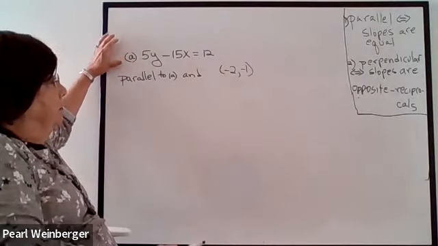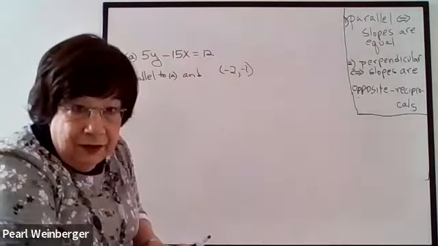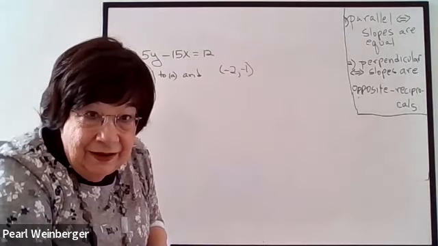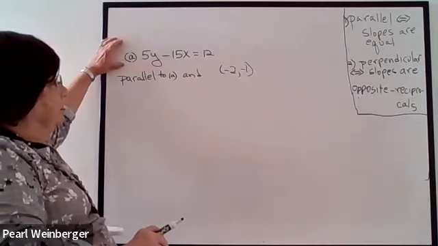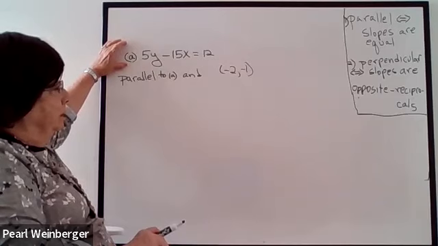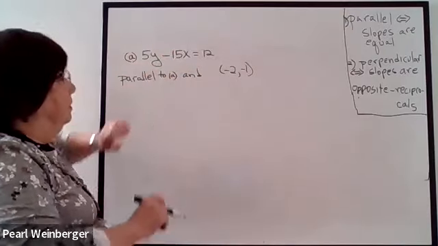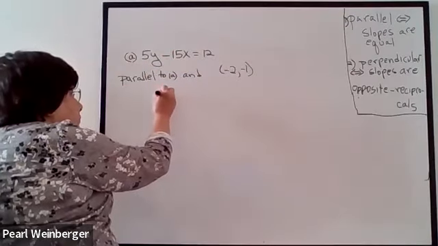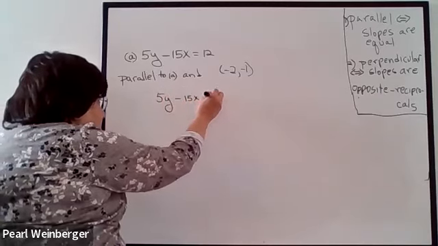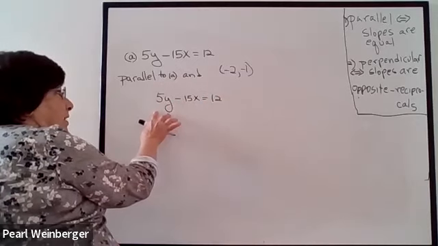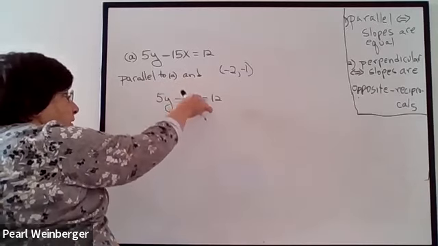Anytime I'm asked about something that has to do with lines that are either parallel or perpendicular, almost, Naya, we're going to get there. To get the lines that are parallel or perpendicular, we have to find the slope. And we find the slope by putting it in the y equals mx plus b form. In other words, I have to get this y by itself, which means I have to get rid of this 15x.